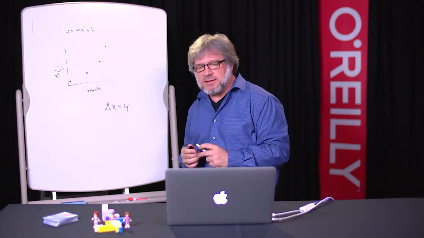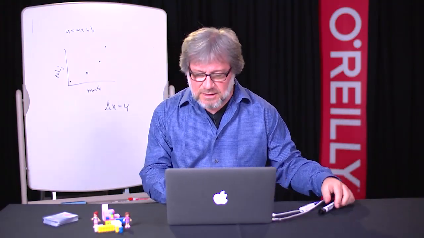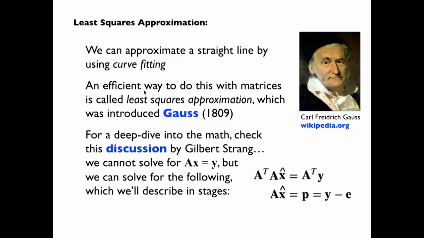And the way to do that, coming back here to the slide, is we can take and multiply both sides of the equation by what we call the transpose. That's basically we take a matrix and flip it on the diagonal. We can take A transpose times A. That's going to give us a square matrix. And we're introducing something, x with a hat over it, so it's going to be slightly different than our actual x's.